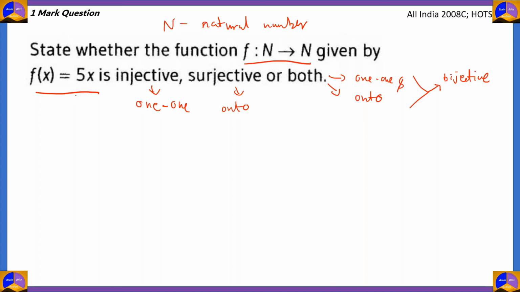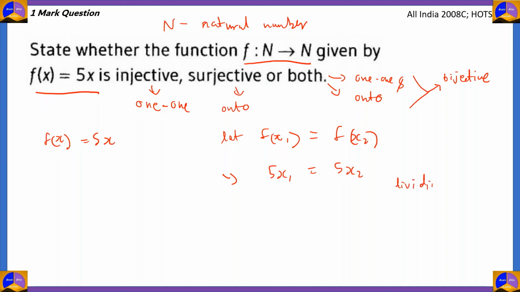Let's look at our function. f of x is equal to 5x. Now we'll assume f of x1 and f of x2 as equal. So f of x1 is equal to f of x2. So on putting the values, we'll get 5x1 is equal to 5x2.